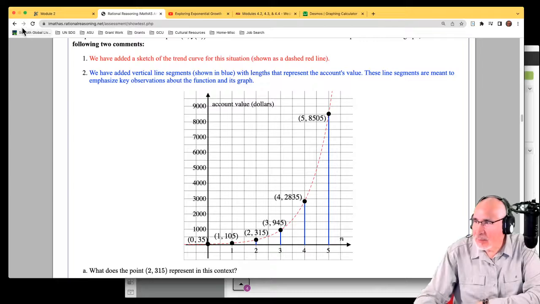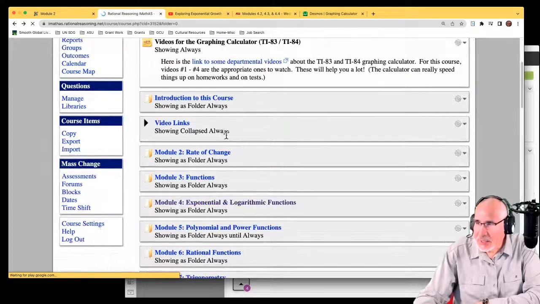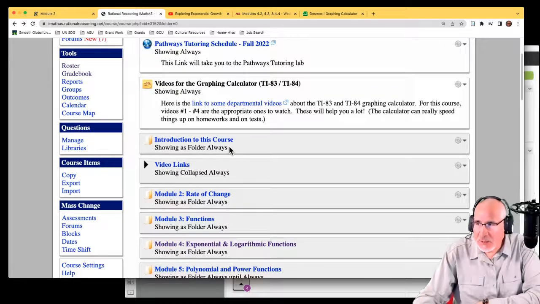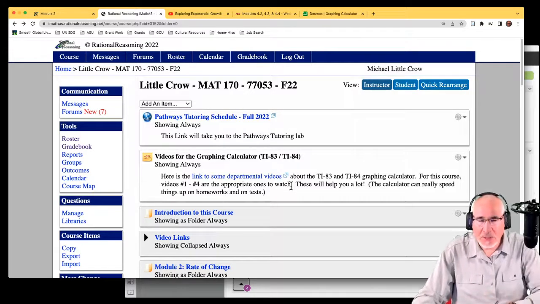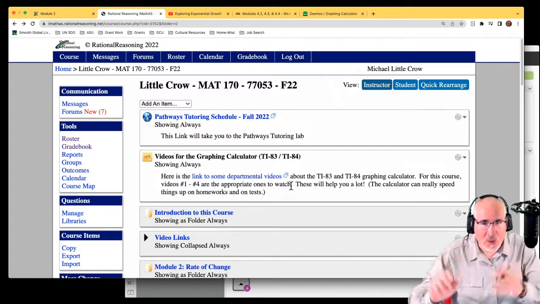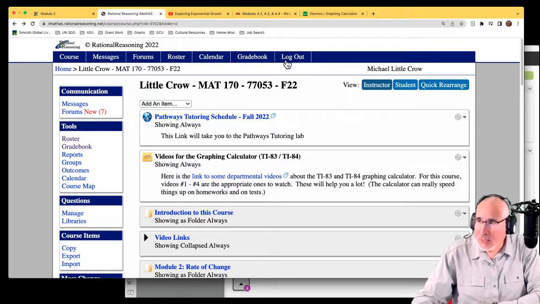So let me back up just a little bit, because I want to show I've adjusted the iMath AS. You'll notice there is no longer the calendar to see how things are progressing, when things are, quote, due, when you should have them done. I'm going to have you refer back to Canvas.